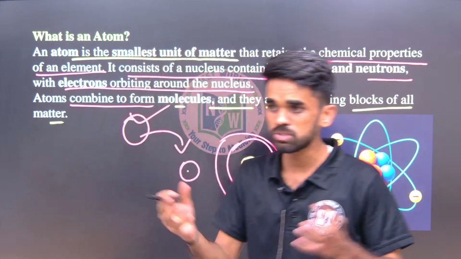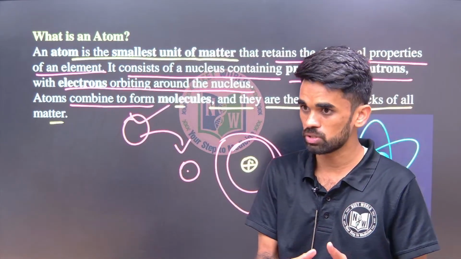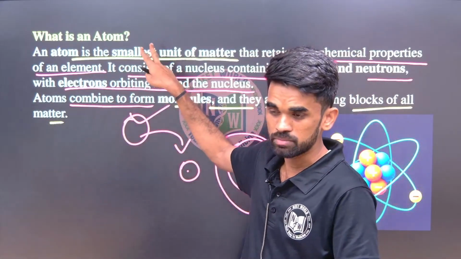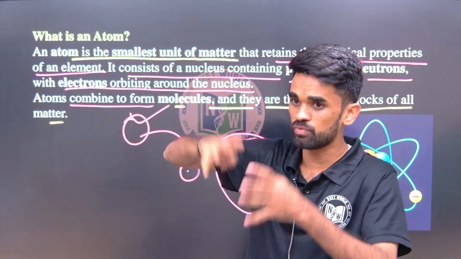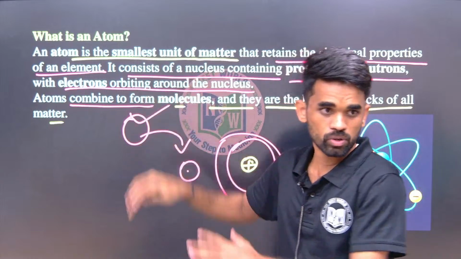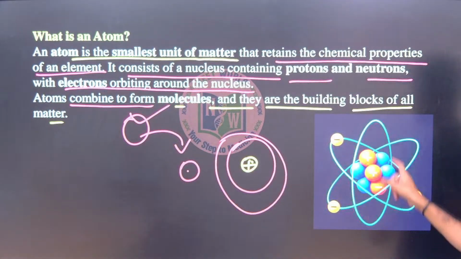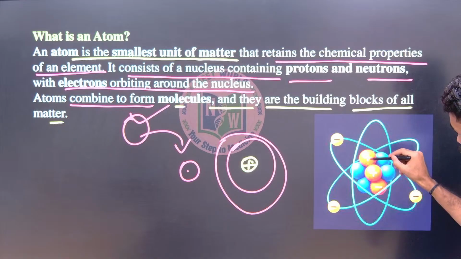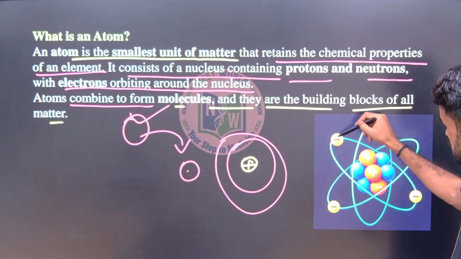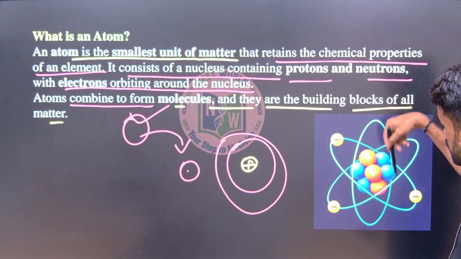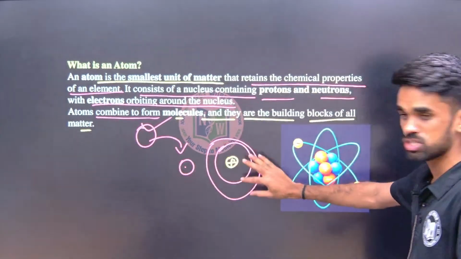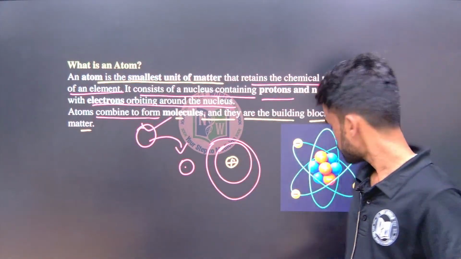Any matter is made up of atoms, and these atoms may combine to form molecules. All those together we consider as matter. In the image you can see the blue and red colors indicating the nucleus together, and the electrons are revolving around this nucleus. Are you able to see this in the image here?